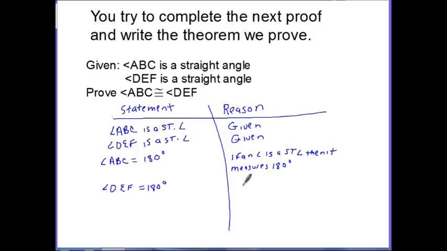The reason? Same as number 3. And last but not least, angle ABC is congruent to angle DEF. The reason is if two angles have the same measure, then they are congruent.